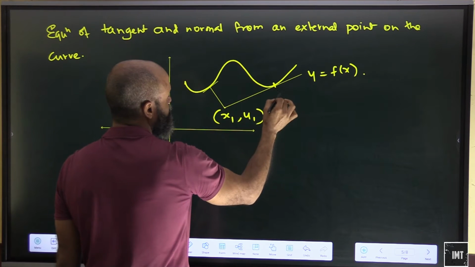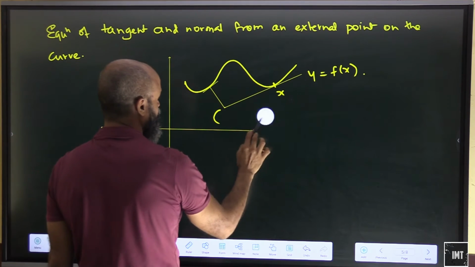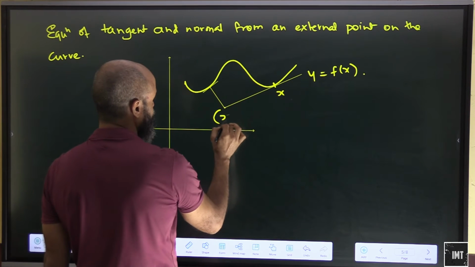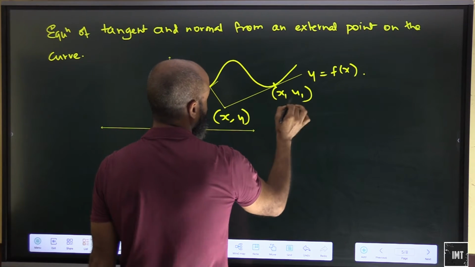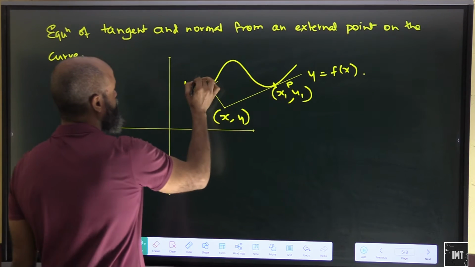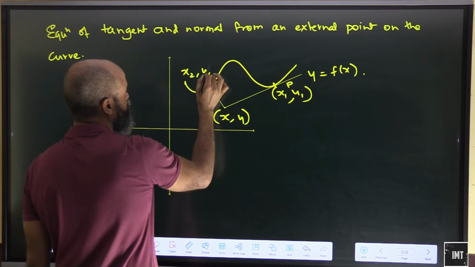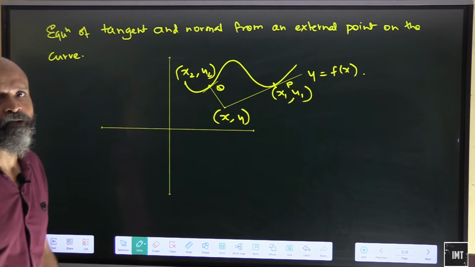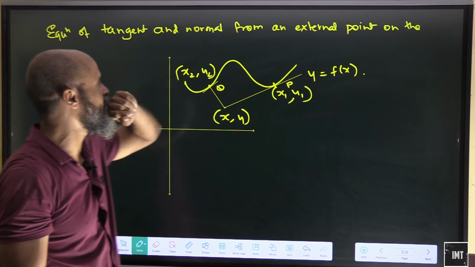Let's say this point is xy, we have this one as x1 y1. Let's say the normal is drawn at the point, so this is point P and this is point Q, and this is basically x2 y2.